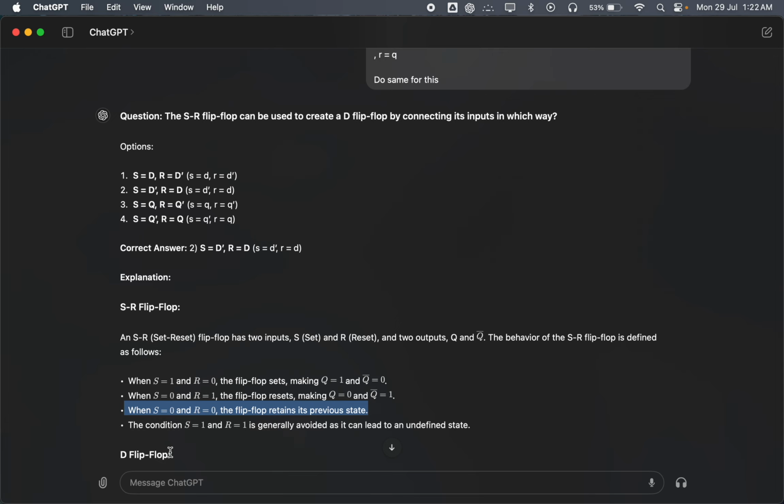The condition S equal to 1 and R equal to 1 is generally avoided as it can lead to an undefined state.